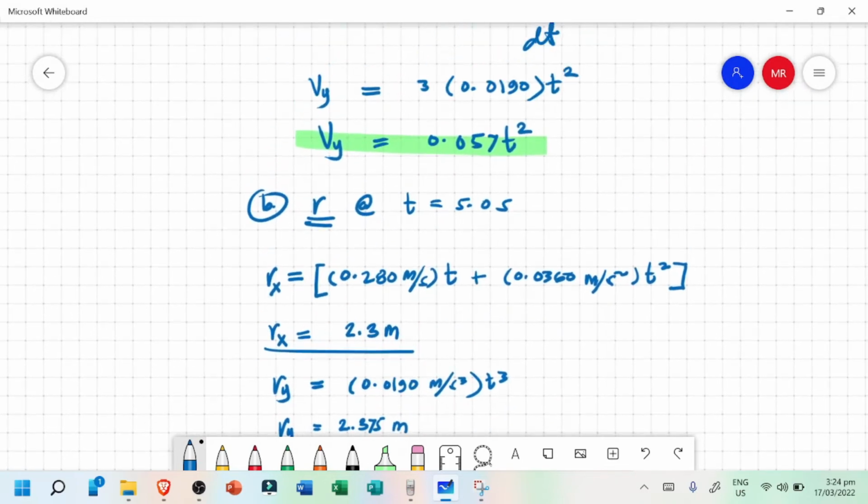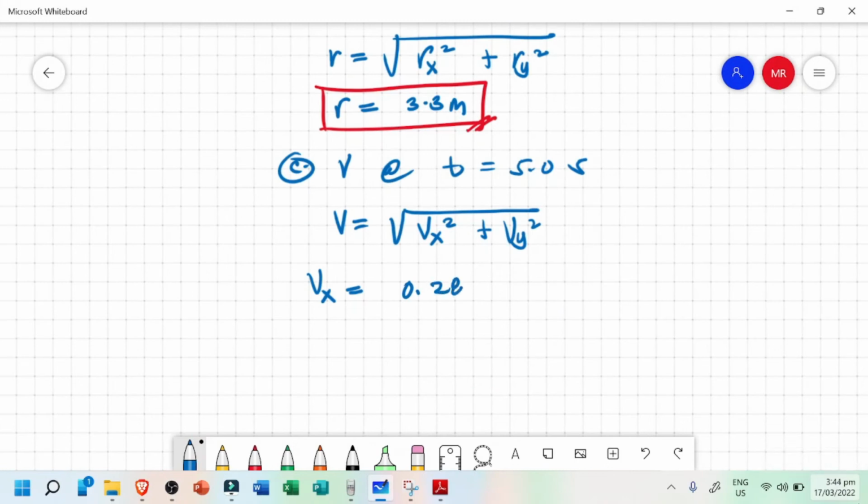Vx is 0.280 meters per second plus 2 times 0.0360 meters per second squared times t.